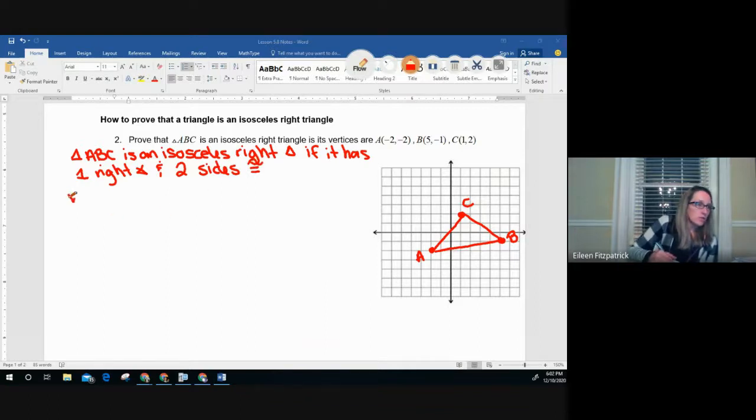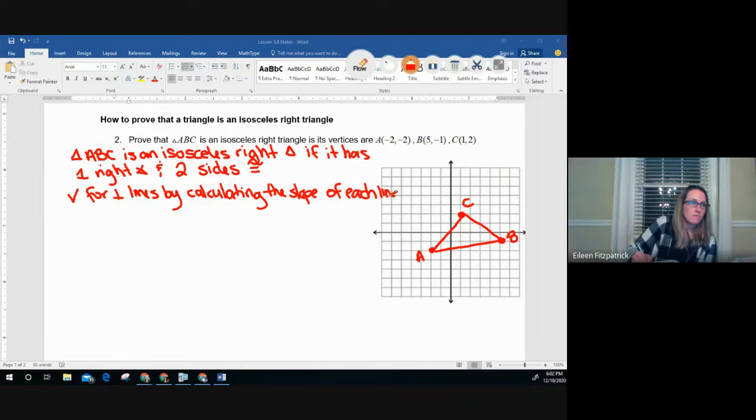So you're going to check for perpendicular lines by calculating the slope of each line. And then we're going to check for congruent sides by calculating the distance.